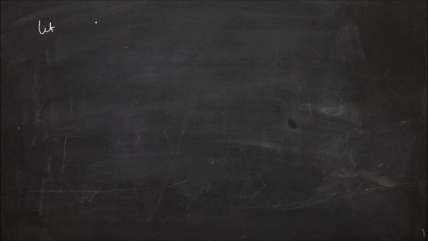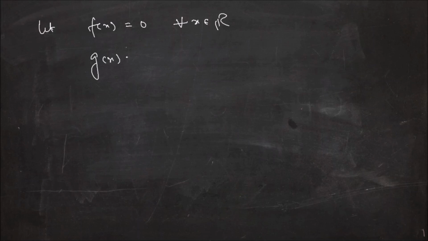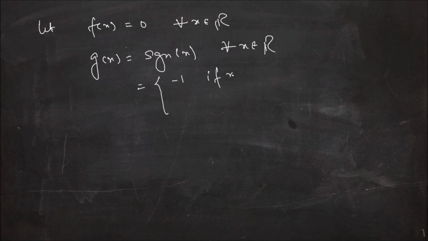Let f(x) equal to 0 for every x in R. Clearly limit x tends to 0 of f exists, and g(x) is equal to the signum function of x for all x belonging to R, which is equal to -1 if x is less than 0, 0 if x is equal to 0, and 1 if x is greater than 0.